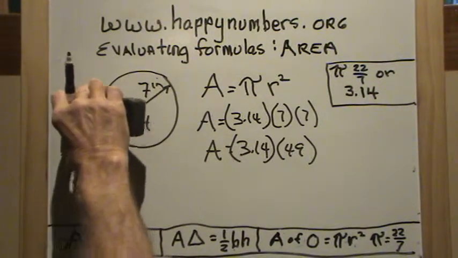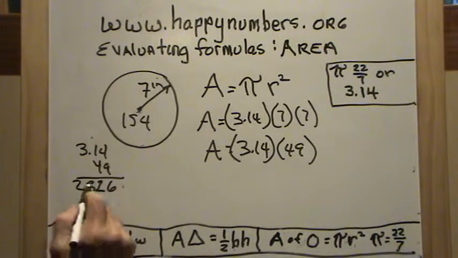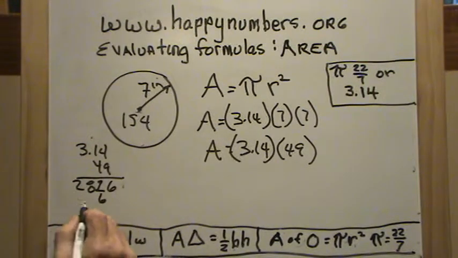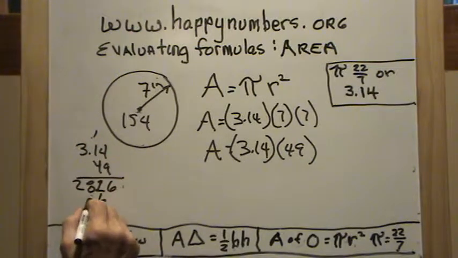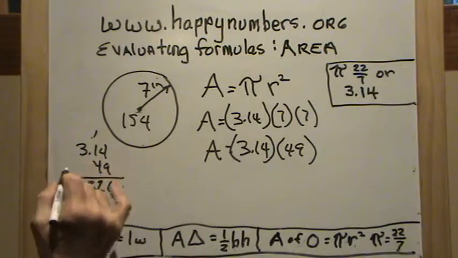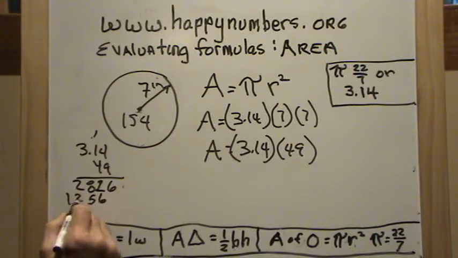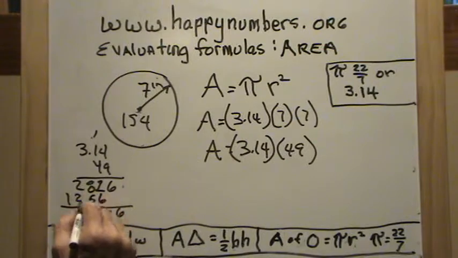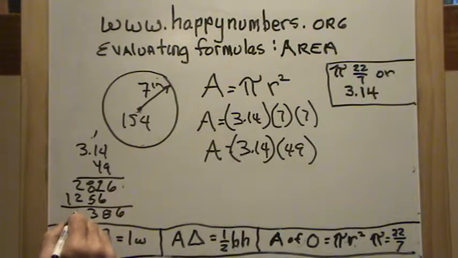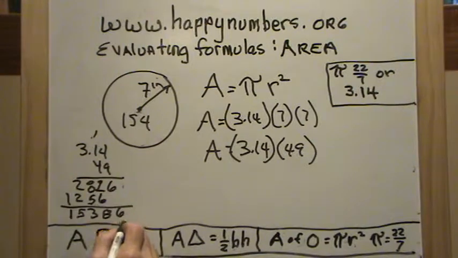Now 4 times 4 is 16, carry the 1. 4 times 1 is 4 and 1 is 5. 4 times 3 is 12. Let's add it up. 6, 8, 13, 5, 1. We have 2 decimal places.